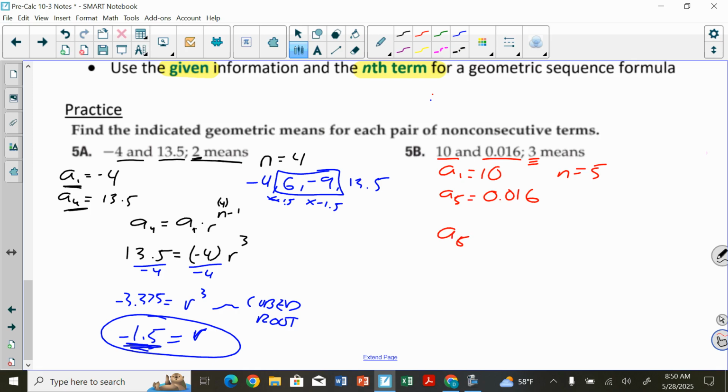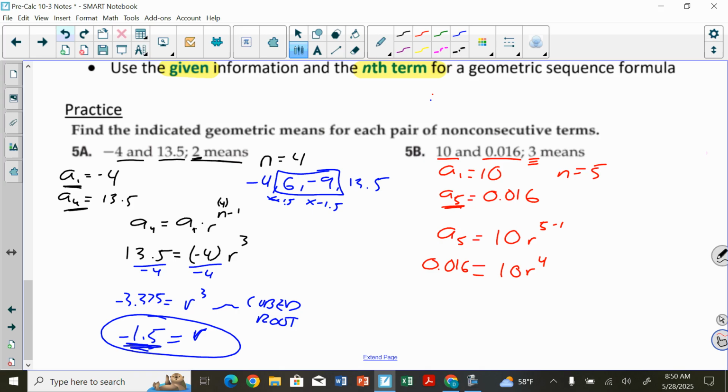So a sub 5, and then a sub 1 is 10, and r to the 5 minus 1 power, which is the 4th power. I know this value here, so 0.016 equals 10 times r to the 4th.